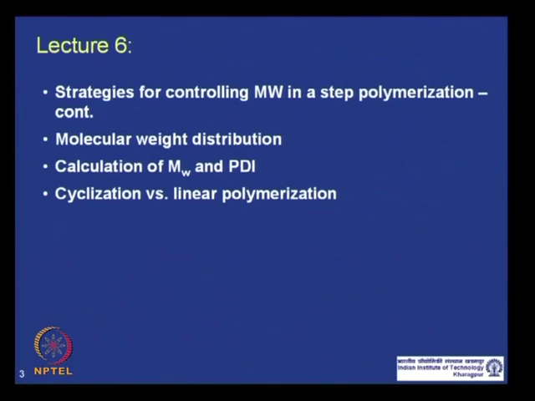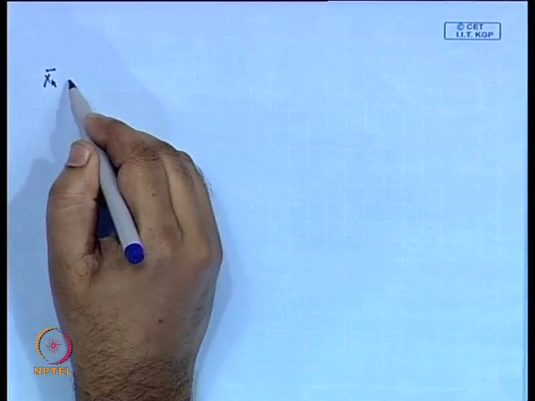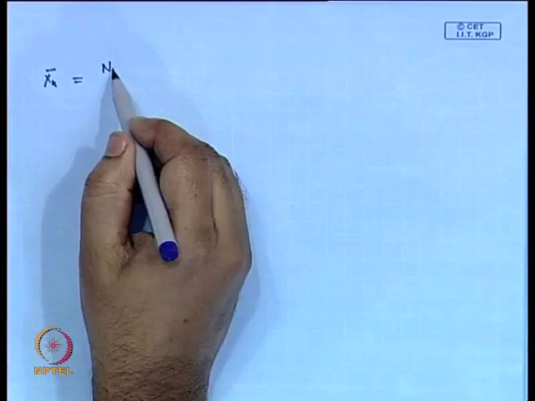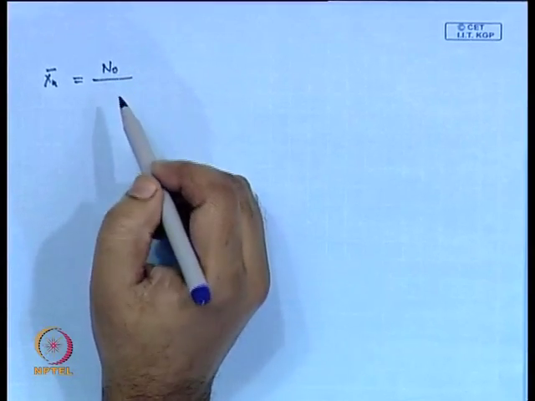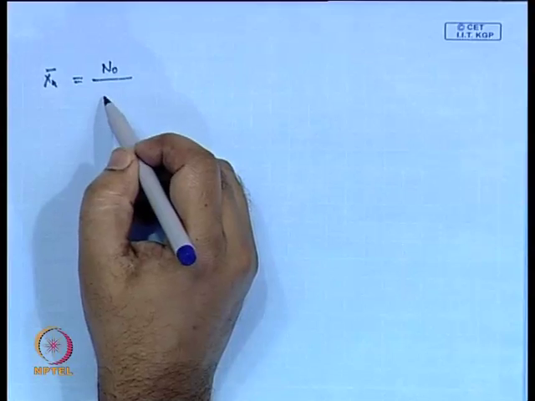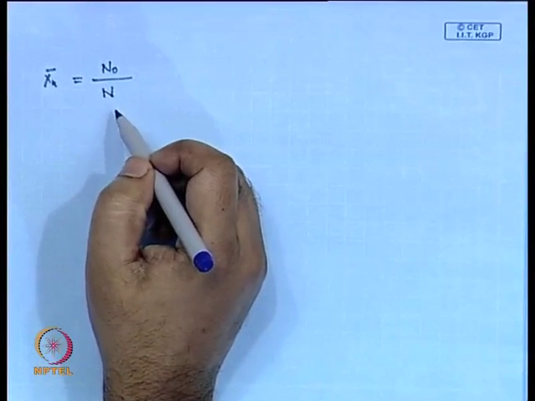So, let us begin where we left off in the last lecture. Now, we know that the average degree of polymerization is given by the number of molecules at the beginning divided by the number of molecules at time t.